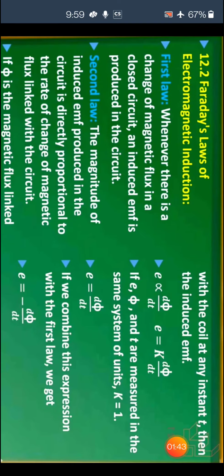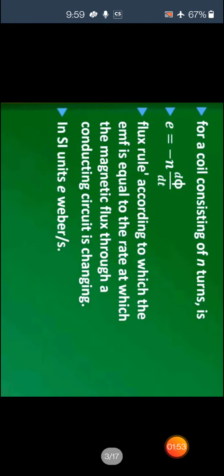If we combine this expression with the first law, then we get E is equal to minus d phi by dt. For a coil which consists of n number of turns, E is equal to minus n d phi by dt.